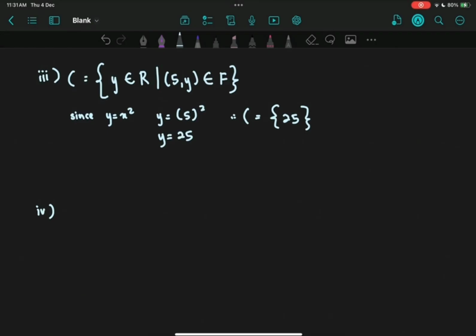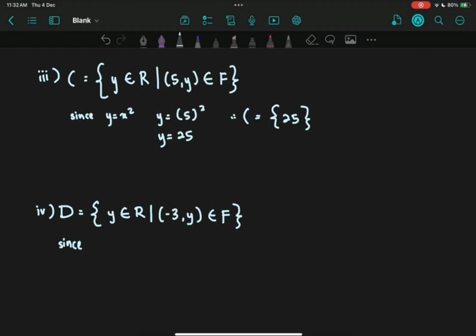And finally, we have our set D. For set D, the pair is (-3, y). As we know, x equals negative 3. This is almost the same as set C. So we just need to substitute x equals negative 3 into the relation where y equals x squared.